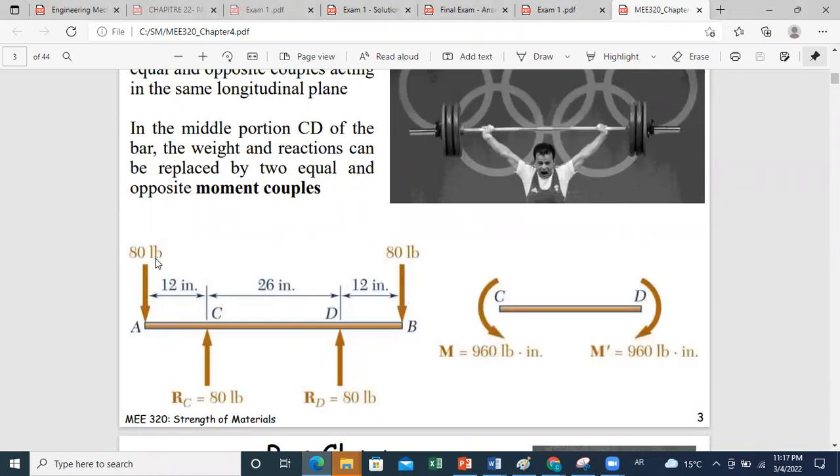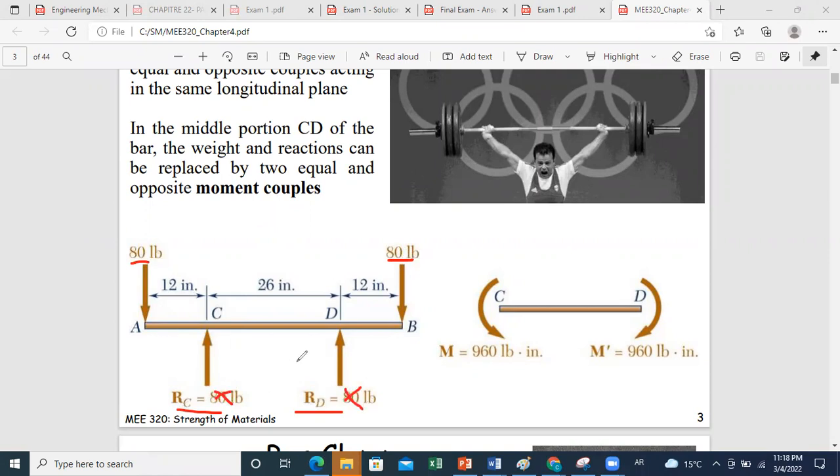Let's say you have a weight of 80 lb on A and B. You are developing upward forces at C and D. You can easily determine, due to symmetrical effects and the equilibrium condition, that RC is equal to 80 and RD is equal to 80. If you didn't pay attention to the symmetrical effects, it's fine. You can just say, I have RC and RD as unknowns, and I want to solve for these values.